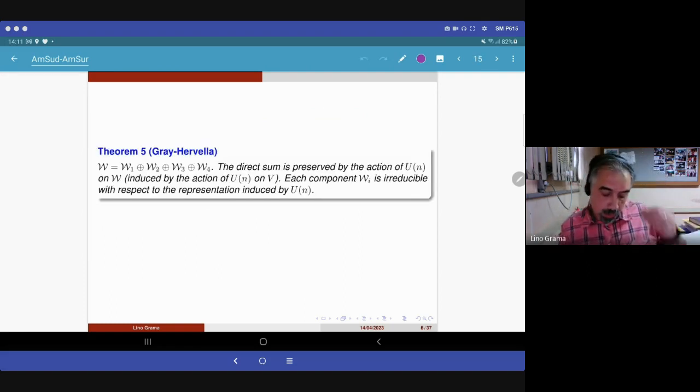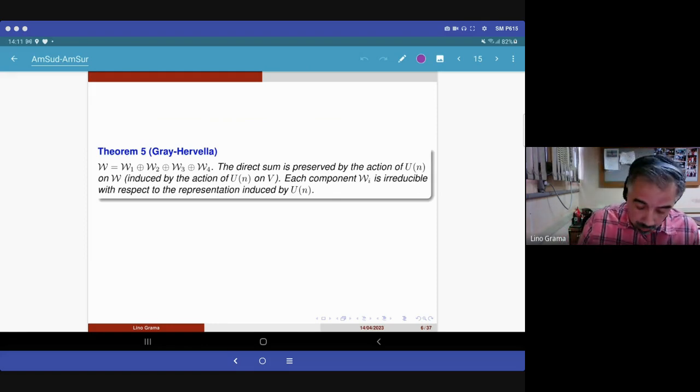And we have this theorem of Gray-Hervella. It's very classic. The space W splits into four subspaces as a direct sum, and this is preserved by the U(n) action induced by the linear action on the vector space. Each component Wi is irreducible with respect to the representation induced by the unitary group.